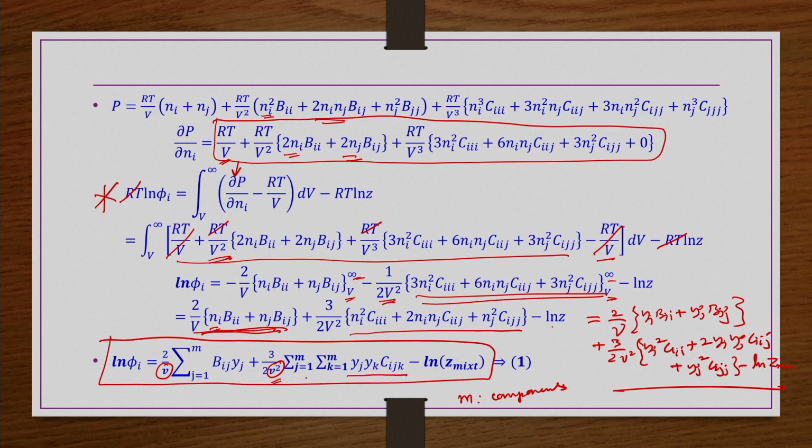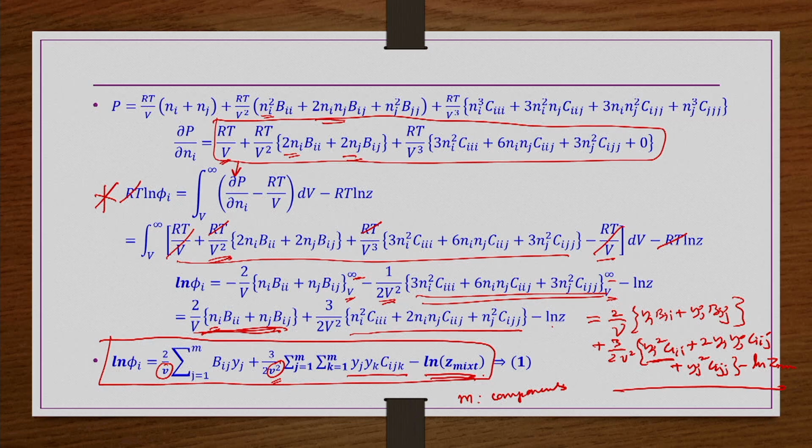Let us say if j is equal to I and k is also equal to I, then what should be this first term? It should be Yi multiplied by Yi, that is Yi square, and then C triple I. So, that is the first term here like this. So, like that we can generalize this, and then third term minus ln z mixture.